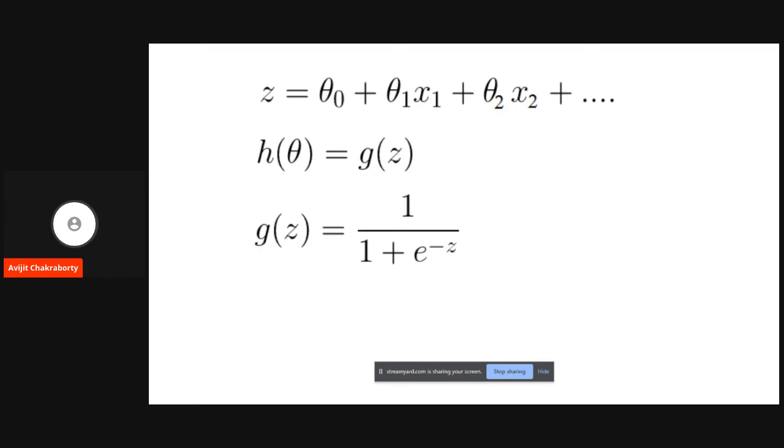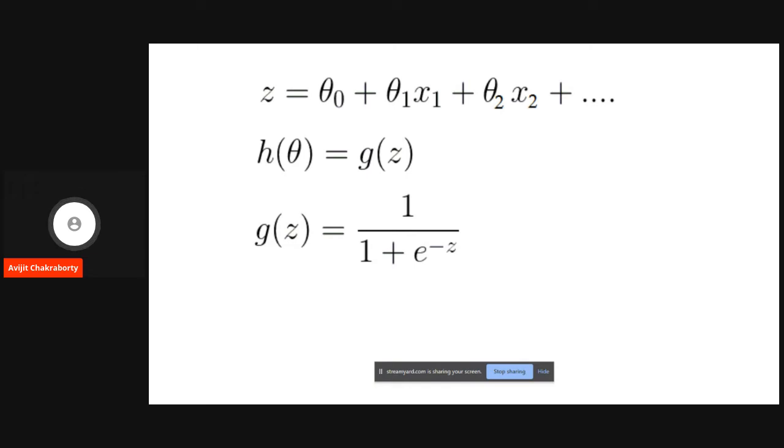Logistic regression is the same as regression in that it takes the output from a regression model and feeds that output to a function g(z). g(z) is 1 divided by 1 plus e to the power minus z.